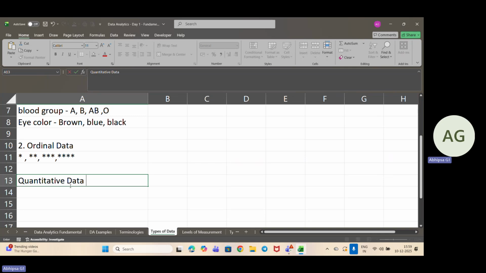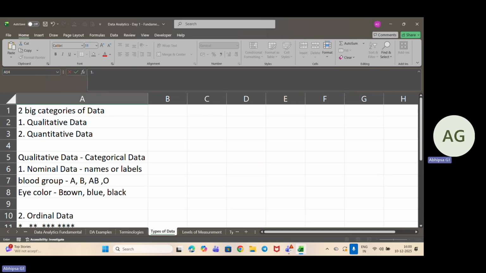Next, the marks a person has received in the exam, around suppose 85. These are quantitative data, the numerical data or the numbers that we are getting. Now they are again divided. The very first division inside quantitative data is discrete data.